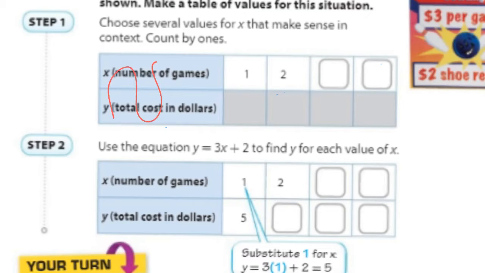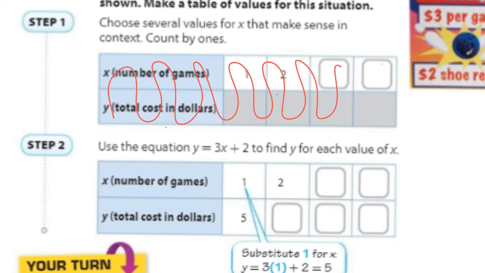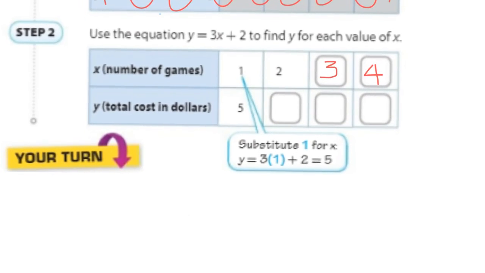So this is the same table, so I'm not going to pay much attention to that one. Let's just use the one at the bottom. Keep in mind they asked us to count by ones. So number of games 1, number of games 2, so let's do 3 and 4. There we're counting by ones. I'm going to push this up so I have some space.